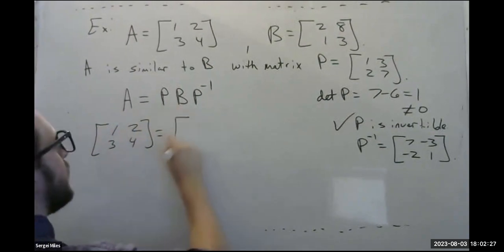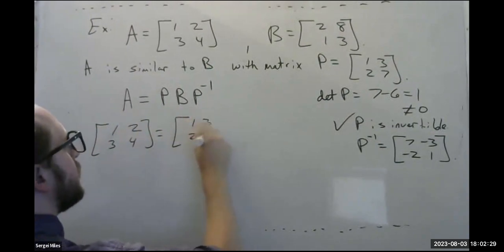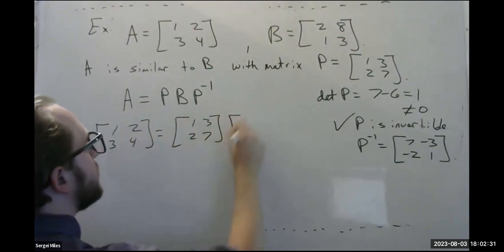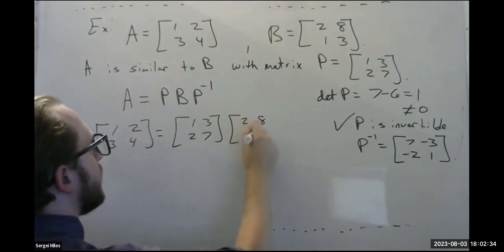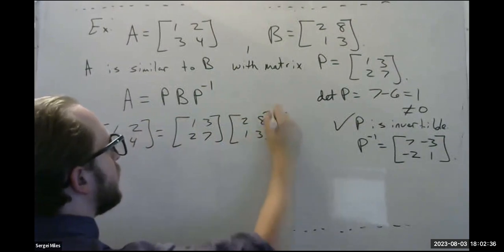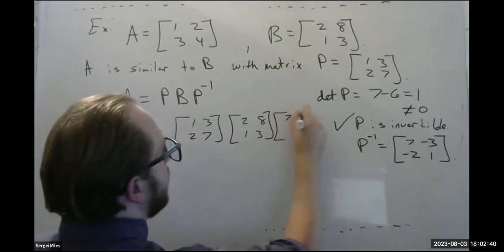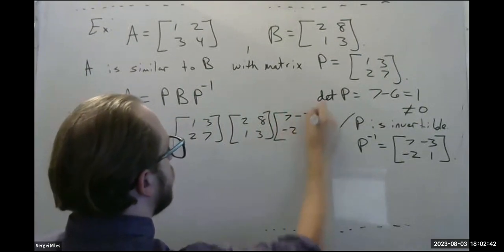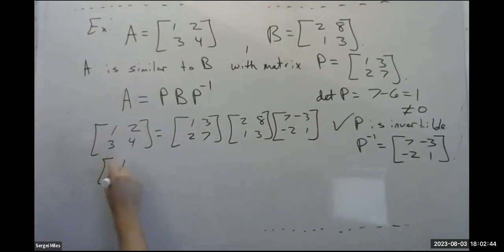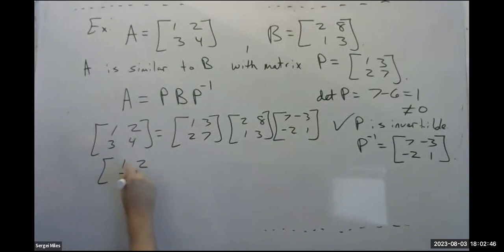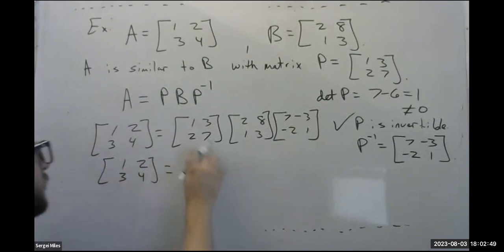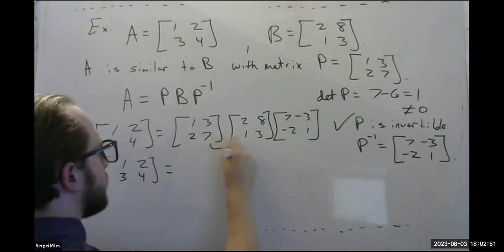Here I have P is 1, 3, 2, 7 times B, which is 2, 8, 1, 3 times P inverse, which is 7, negative 3, negative 2, 1. So we can carefully check this matrix multiplication. I'll just do this matrix times this matrix first.